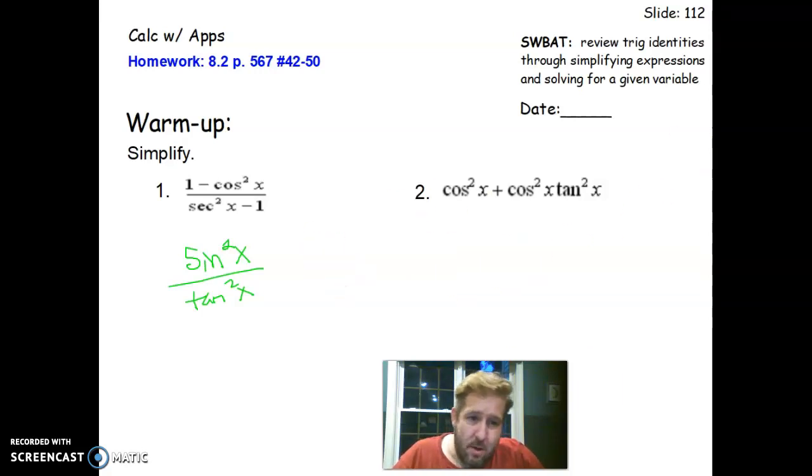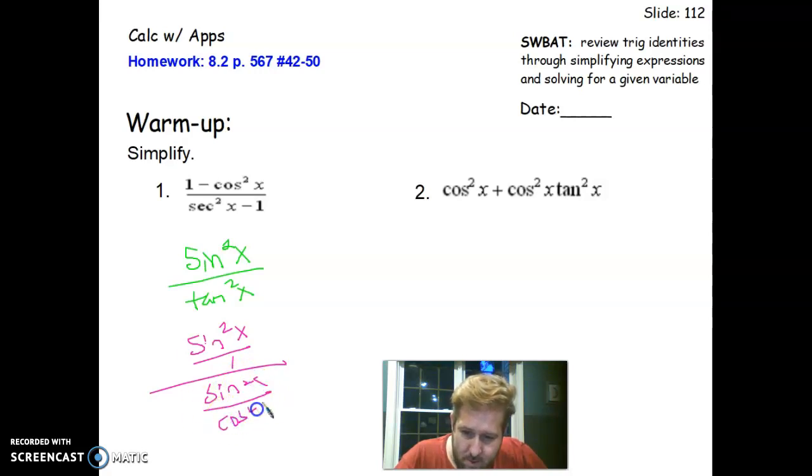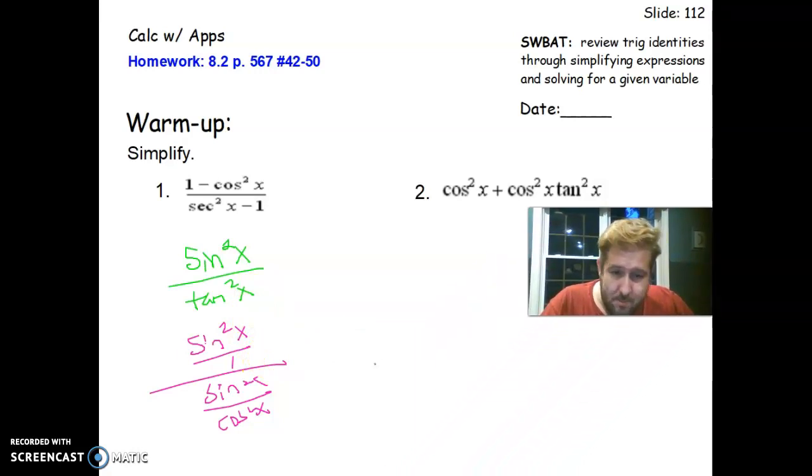Now, if I'm going to solve this, I can turn them both into sines and cosines. So sine squared of x is still sine squared of x over 1, all divided by tangent squared of x, which would be sine over cosine, or sine squared of x over cosine squared of x. The way of solving this division is to change it to multiplication: leave, change, change.